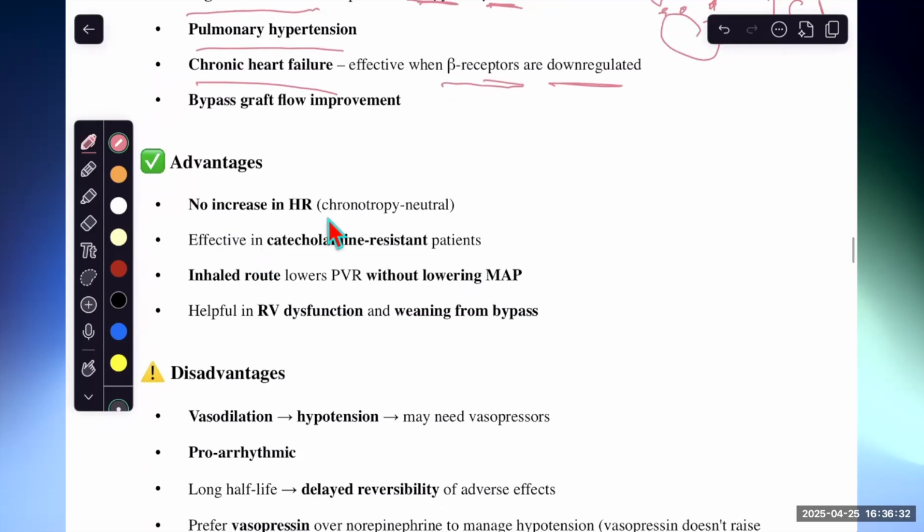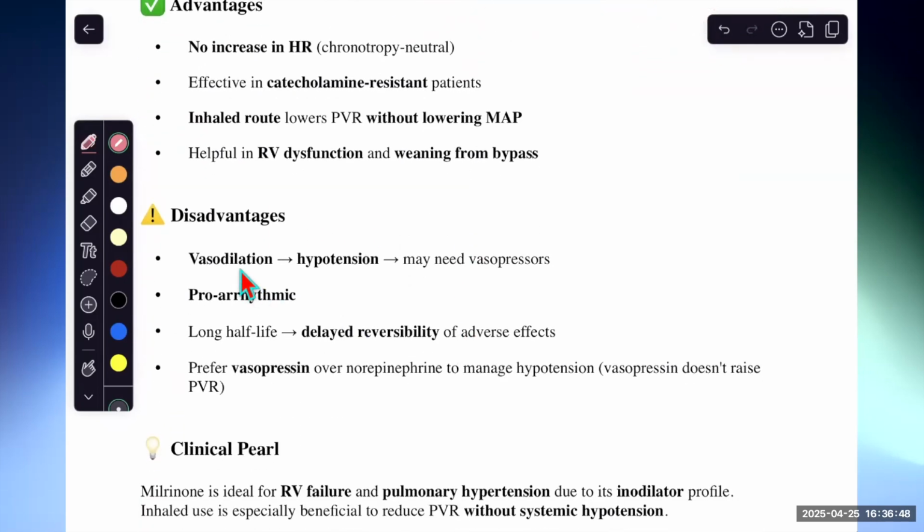Advantage, usually no increase in heart rate. In catecholamine resistant patients, as we said, it's good because it's a different mechanism. Inhaled, now, can decrease the PVR without affecting the MAP and help the RV, especially. The problem is vasodilatation, pro-arrhythmia, and the delayed reversibility.